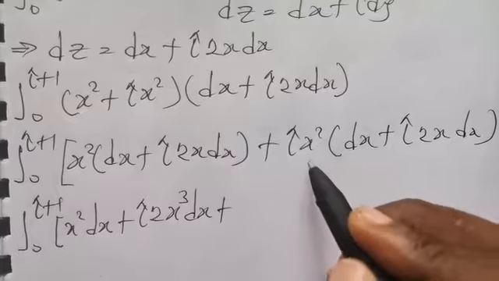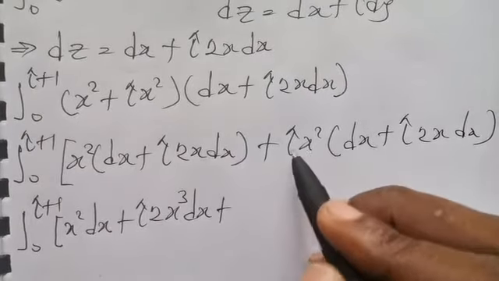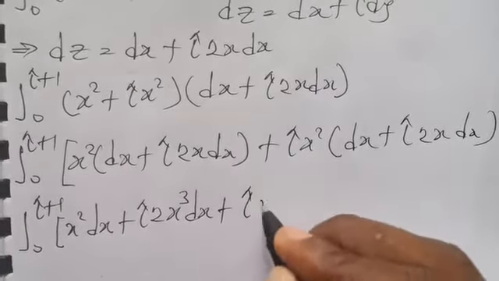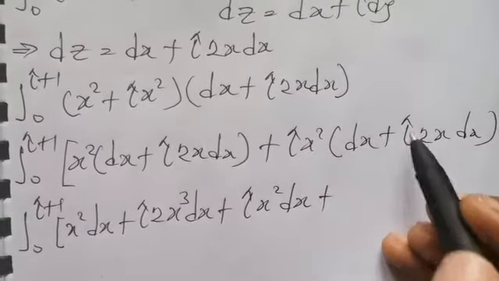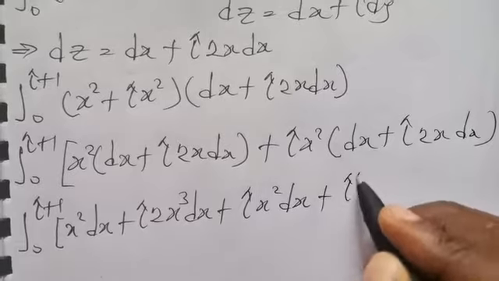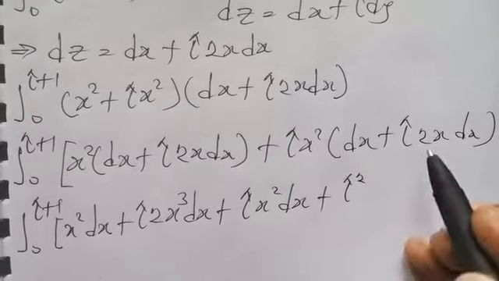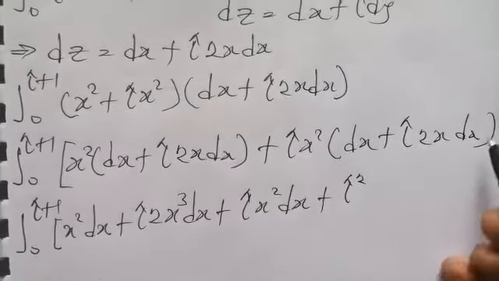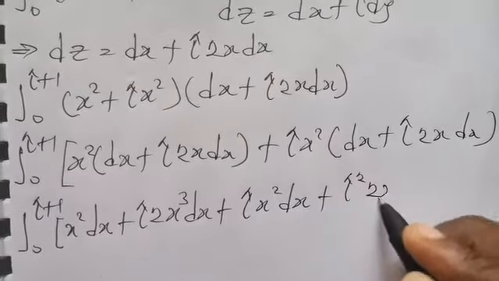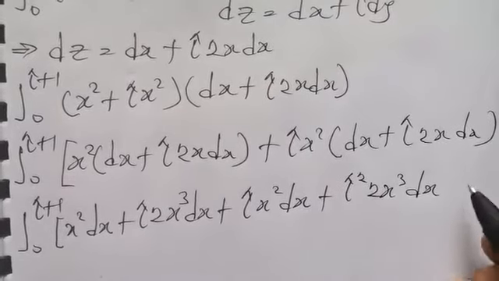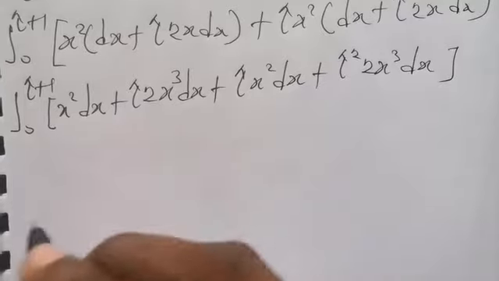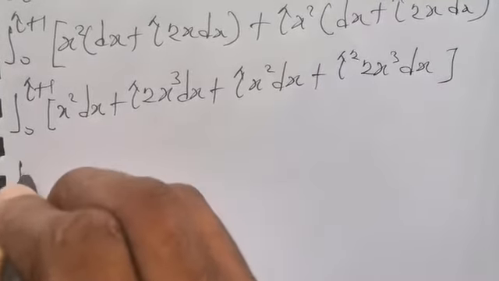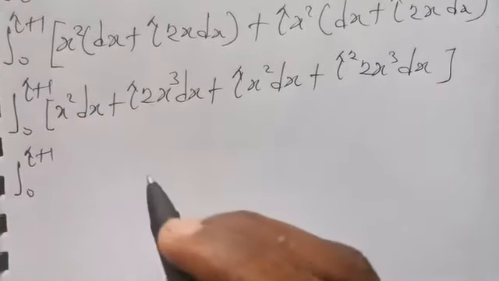Plus now I have i x squared dx, plus i times i, which is i squared, times x squared times 2x dx. This gives me 2x cubed dx. We have this, so this is the integral from 0 to i plus 1.